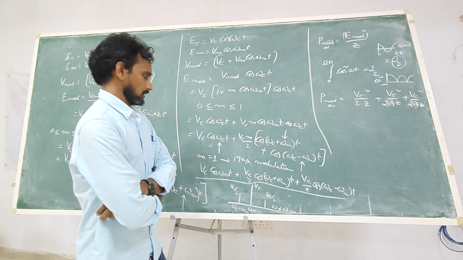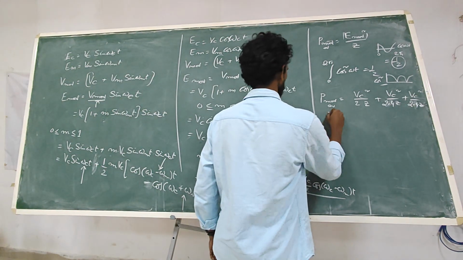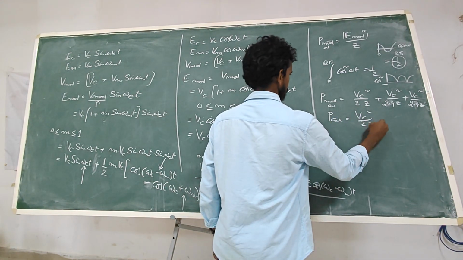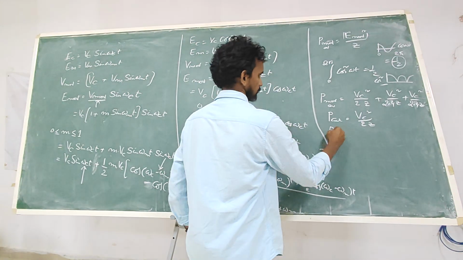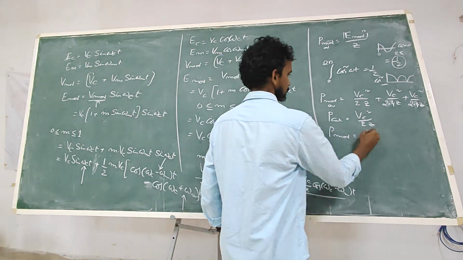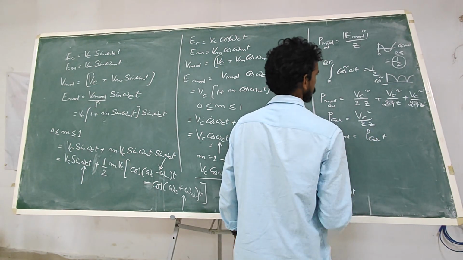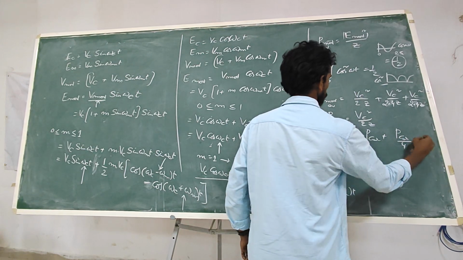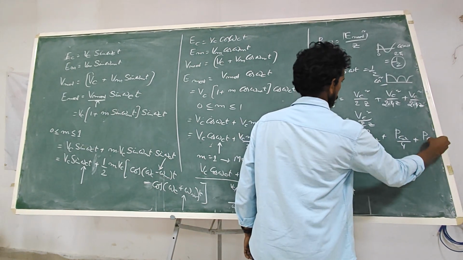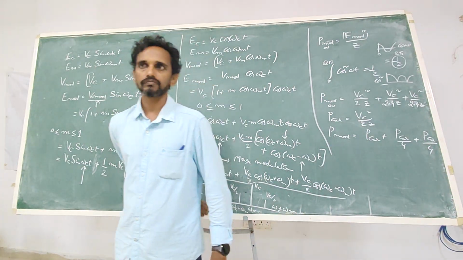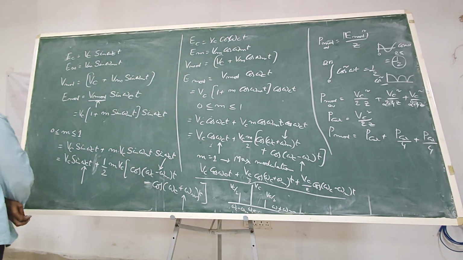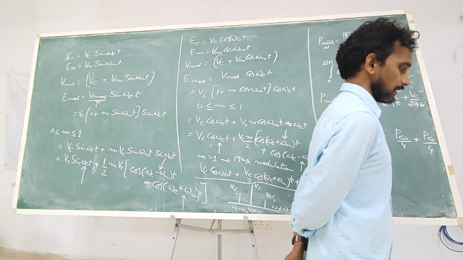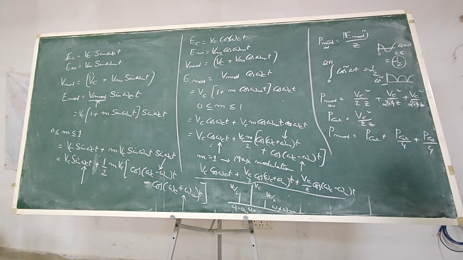So if you take the power in the carrier wave, it is Vc square by 2z. Then the modulated wave power is P carrier plus P carrier by 4 plus P carrier by 4. The power carried by the carrier wave is considered separately.